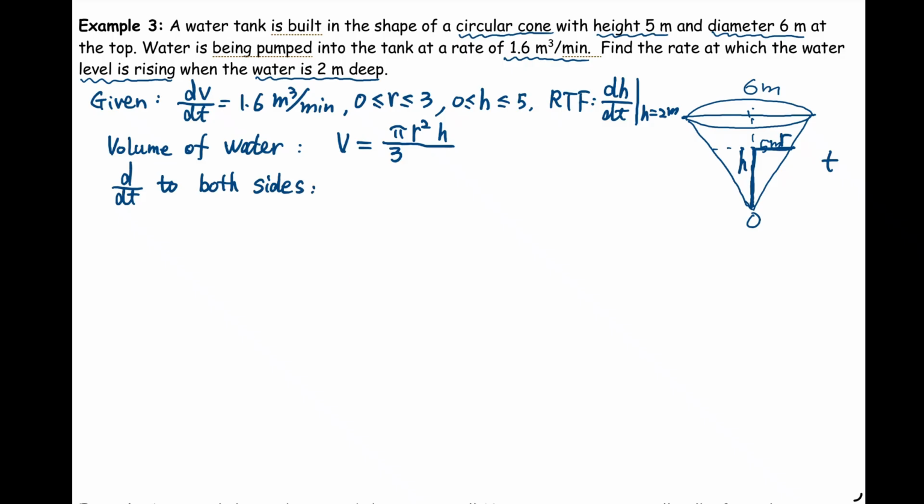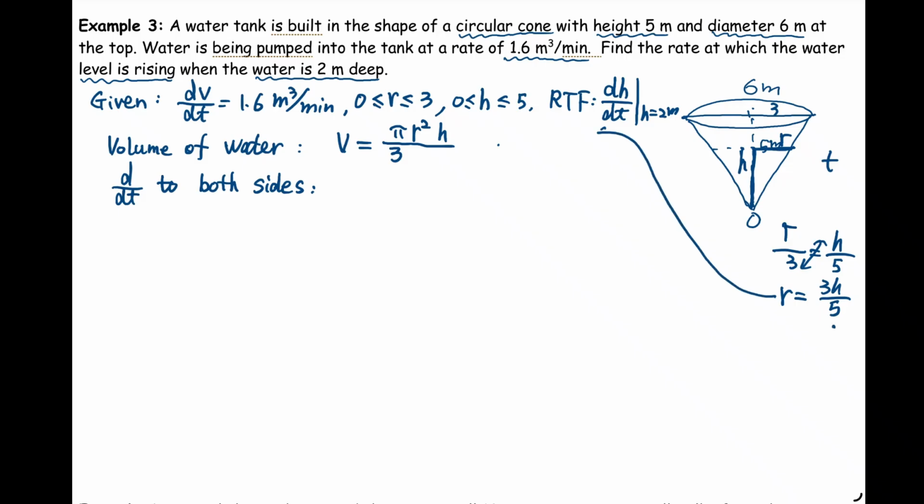And also there is another thing that we could connect the R and the H: you have similar triangles. So R over 3 will be equal to h over 5. So this connects R and H together. So we could write R equals, times 3 to the other side, 3h over 5. Because we want to find dh by dt, we want h to stay.